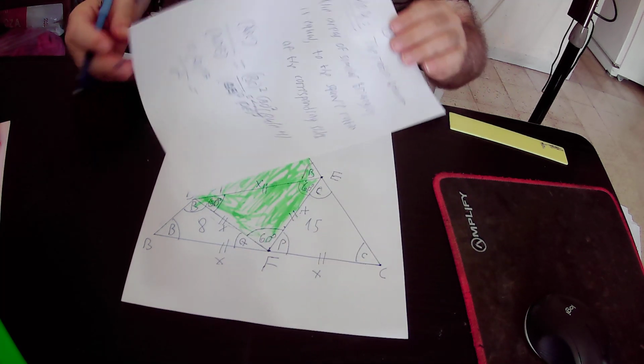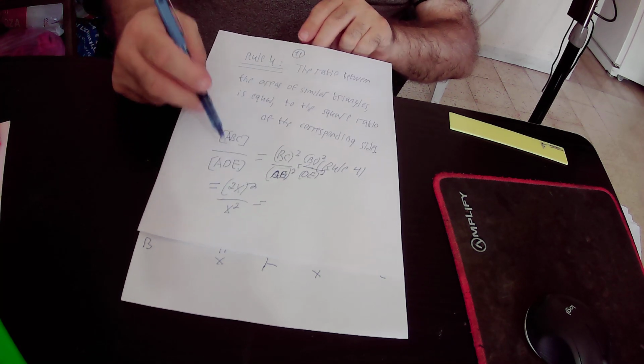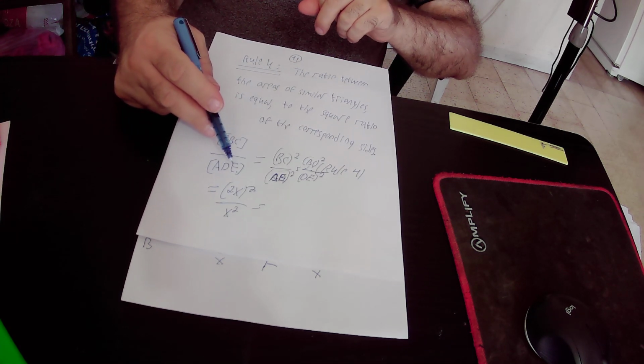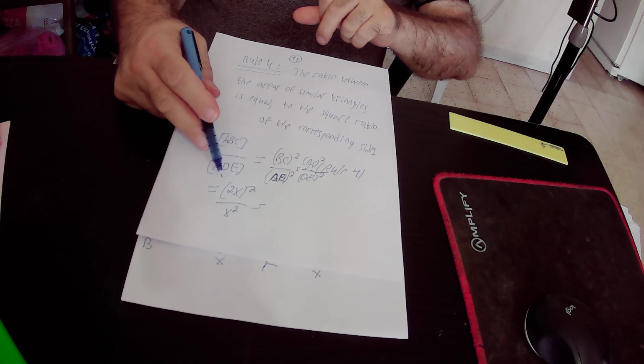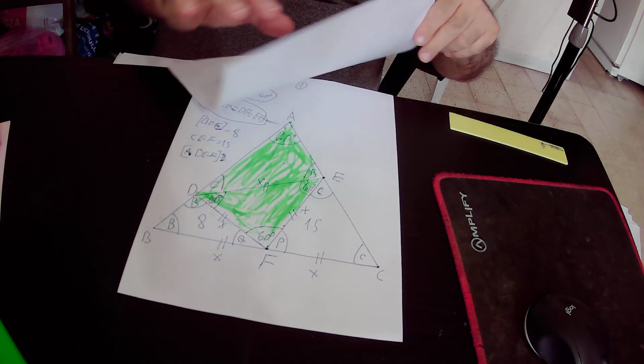So 2x square is actually 4x square, and 4x square over x square is 4.